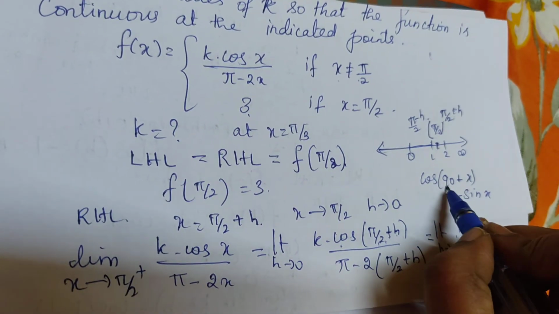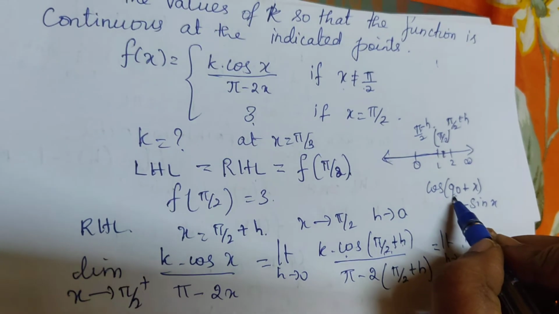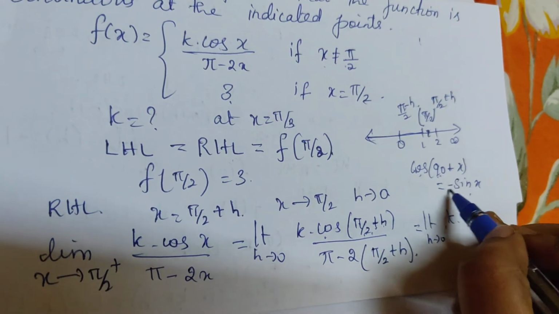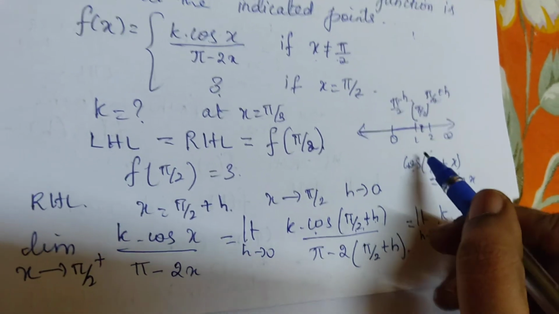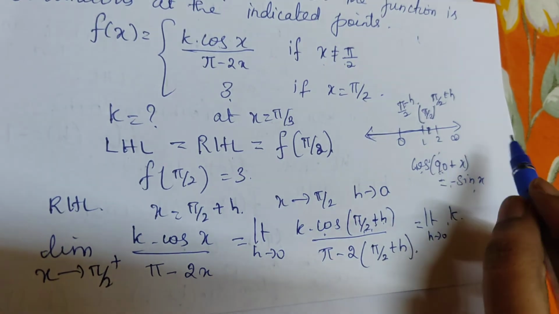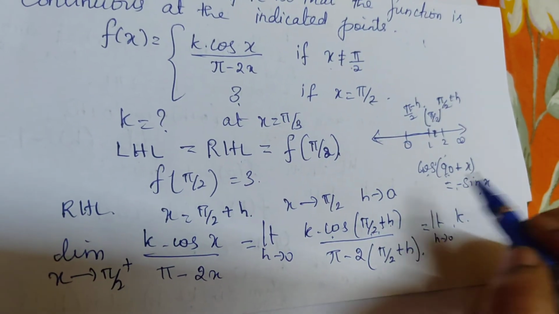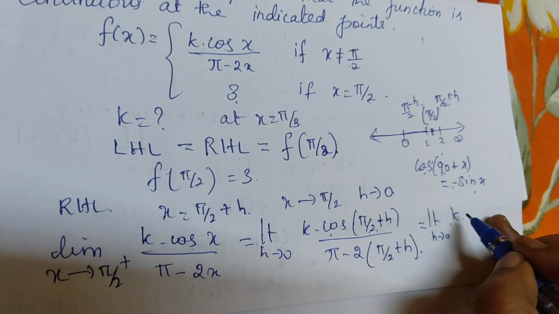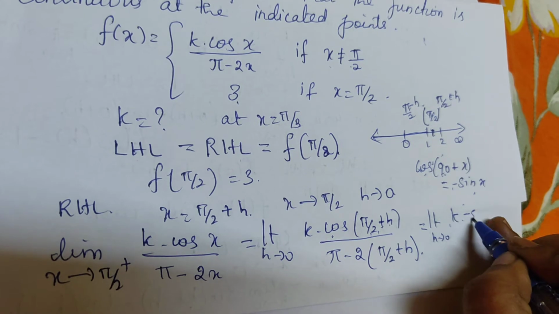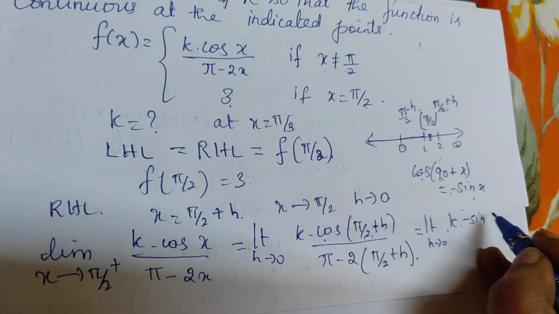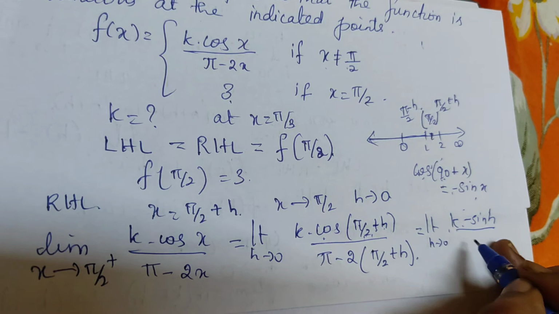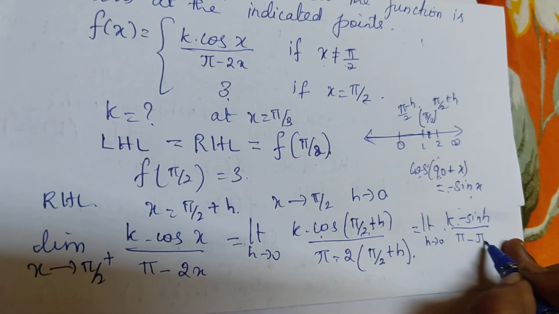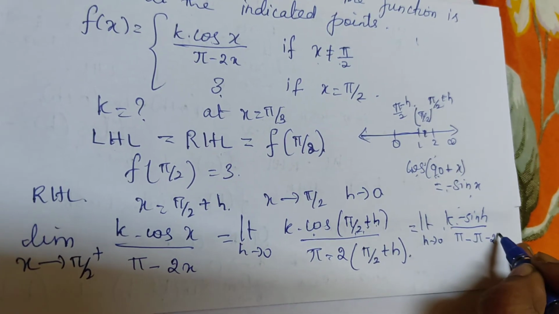Since we have an odd multiple of pi by 2, the cos ratio will turn into sine, and it will be negative, because in the second quadrant only sine and its inverse are positive and the rest are negative. So cos of pi by 2 plus h can be written as minus sin h, divided by pi minus, after taking the 2 inside, pi minus pi minus 2h.